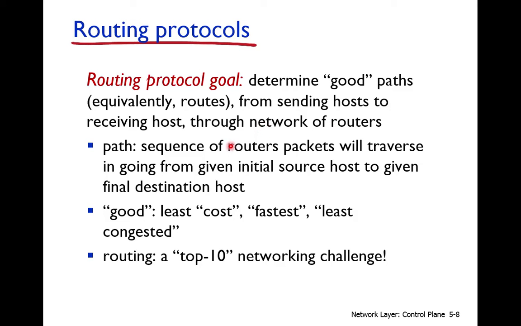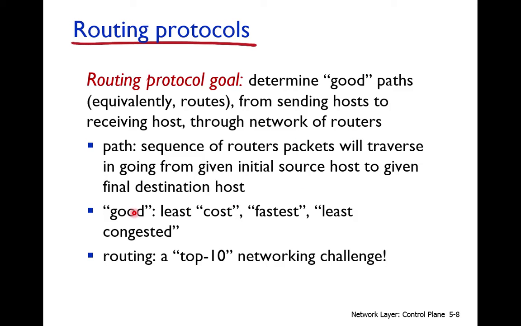The path is the sequence of routers that packets will traverse in going from the given initial source host to the given final destination host. So when the source sends a message to the destination, the packet should be forwarded through which routers, in which sequence.